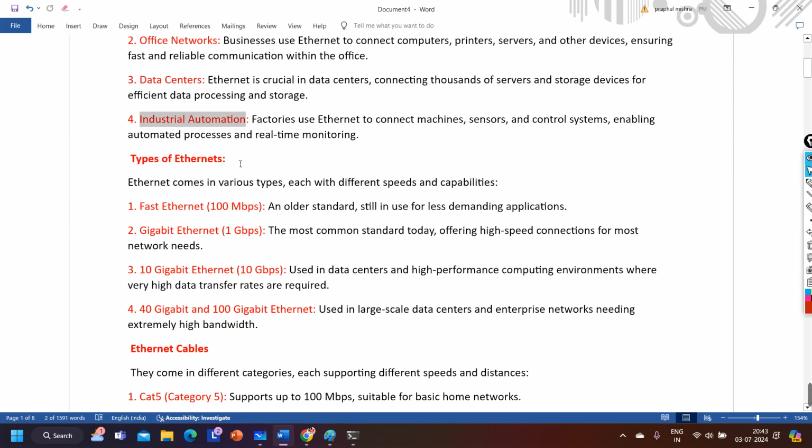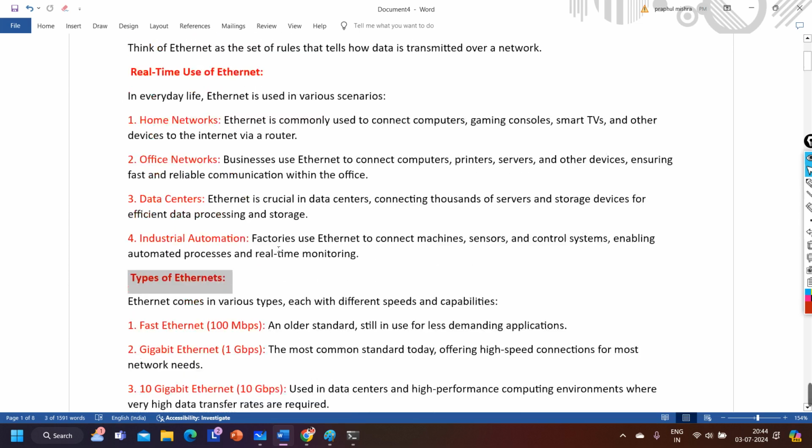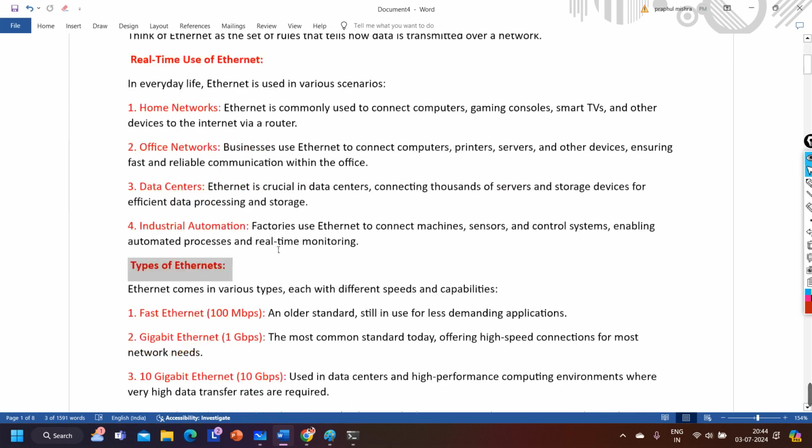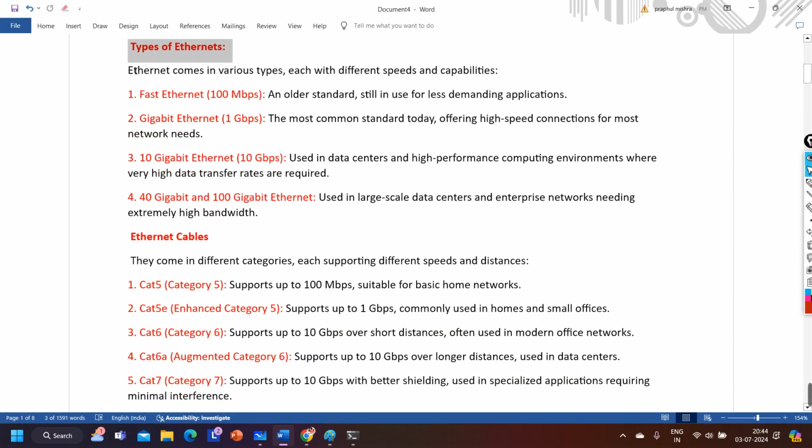Then industrial automation. After that, types of Ethernet. How many types of Ethernet do we have? And guys, how do we divide Ethernet? On the basis of speed and capabilities.